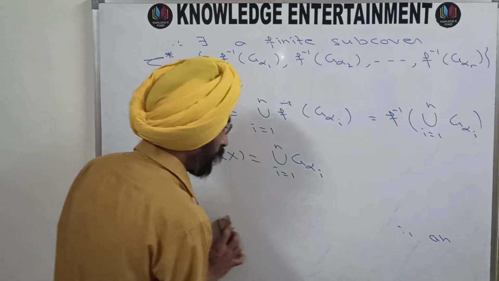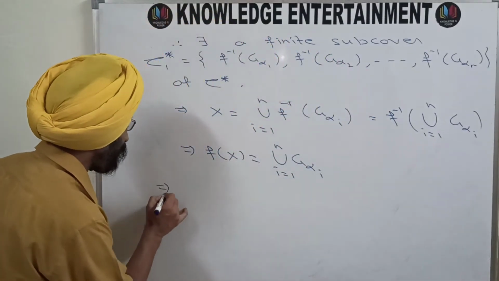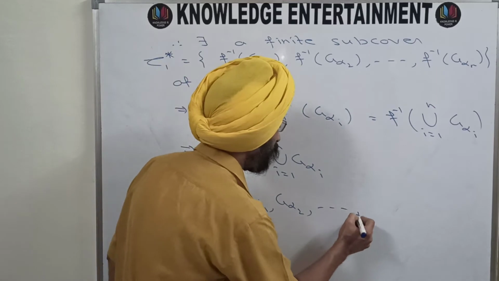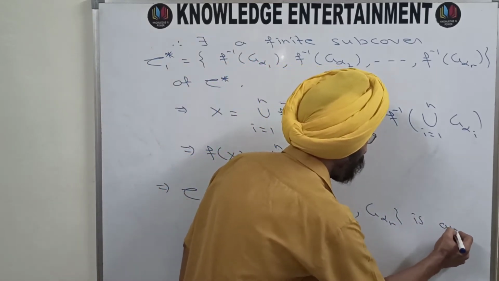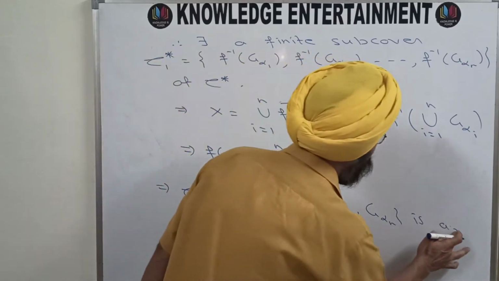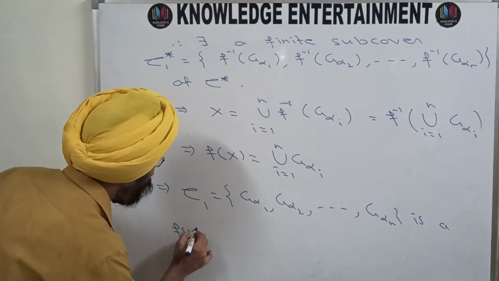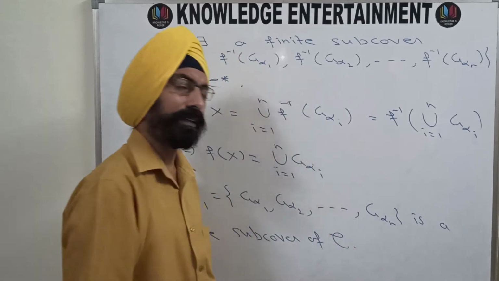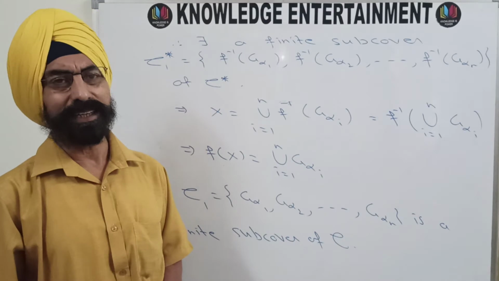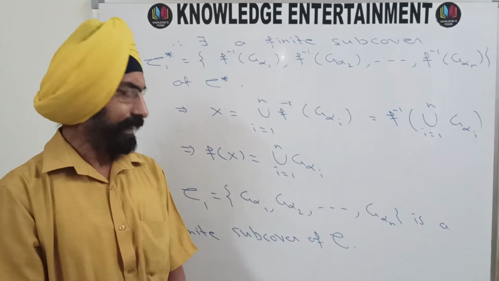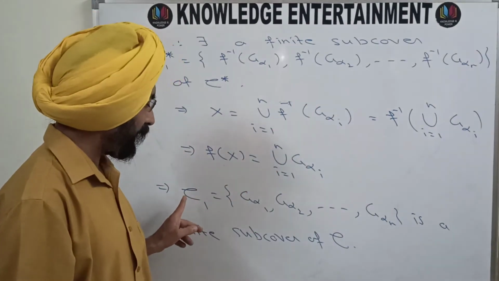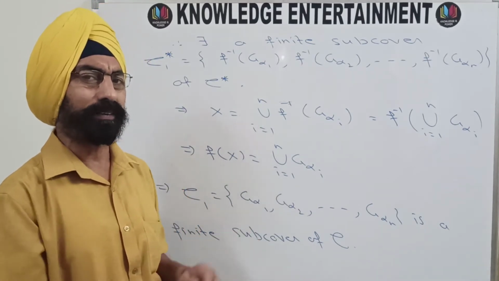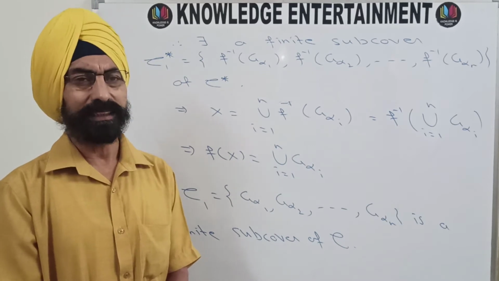So I'm going to write it now. So this means C1 is equal to G_α1, G_α2 and so on, G_αn, is a finite subcover of C. So in the starting we took an arbitrary open cover C of f(X), and now we have obtained a finite subcover of C. That means every open cover of f(X) has a finite subcover, and that makes the image set f(X) a compact set.